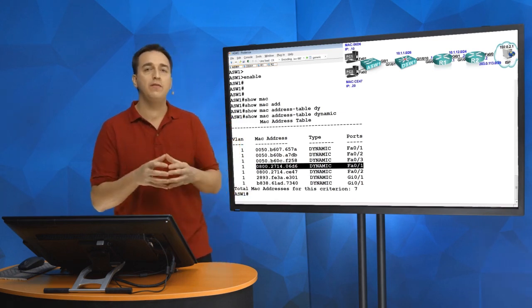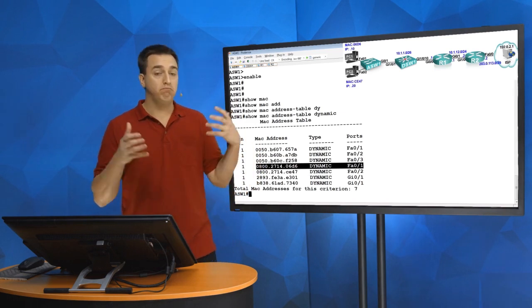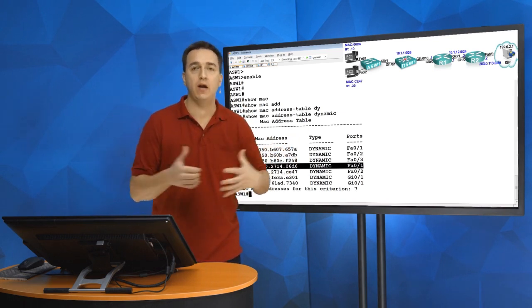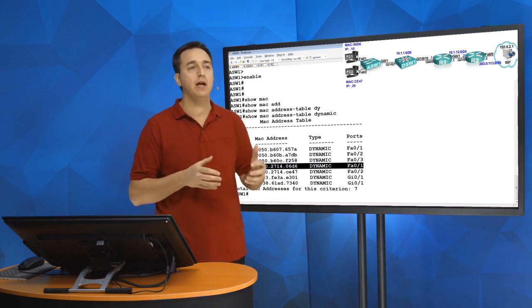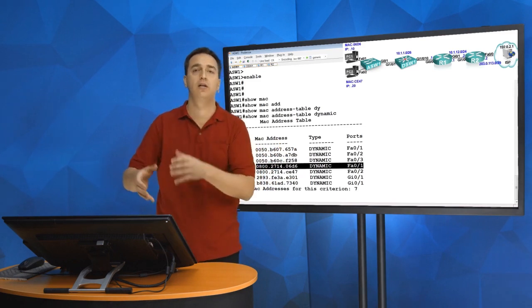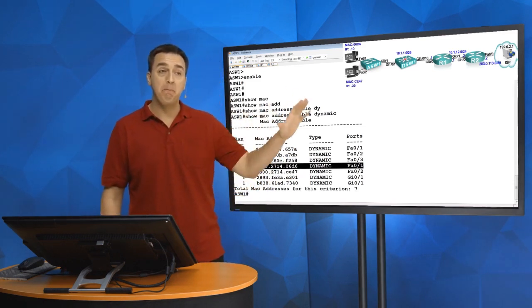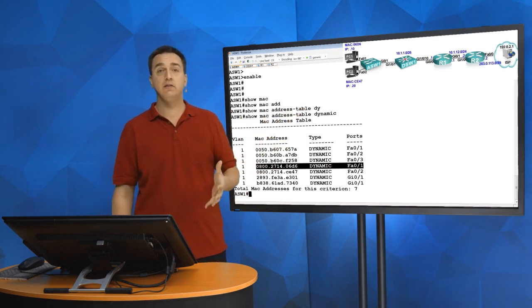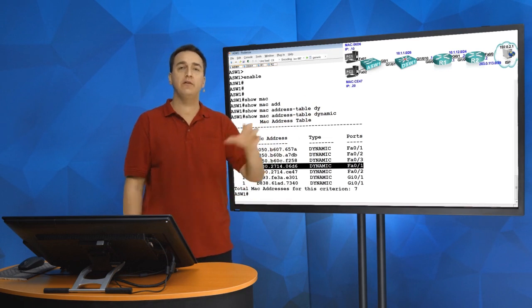When the frame arrived inbound on the interface, the switch said, where did this frame come from? It came from 0800271406D6 on Fast Ethernet 0/1. Therefore, that MAC address must live out that interface because the frame was sourced from a device out that interface.